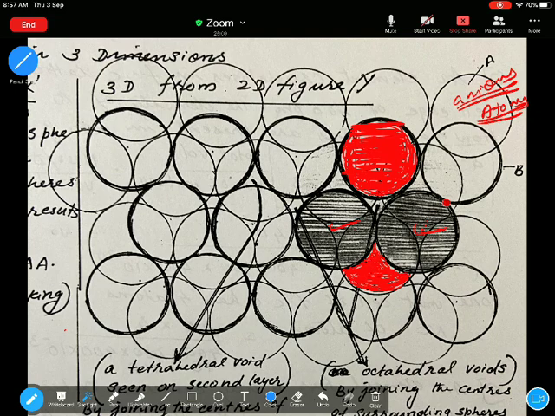In that way you can visualize a proper tetrahedron. You can take this ball as the top ball and this the bottom ball. In between you see 4 balls. What are these 4 balls? One is this front, one is this one, and one is this back, and this one.